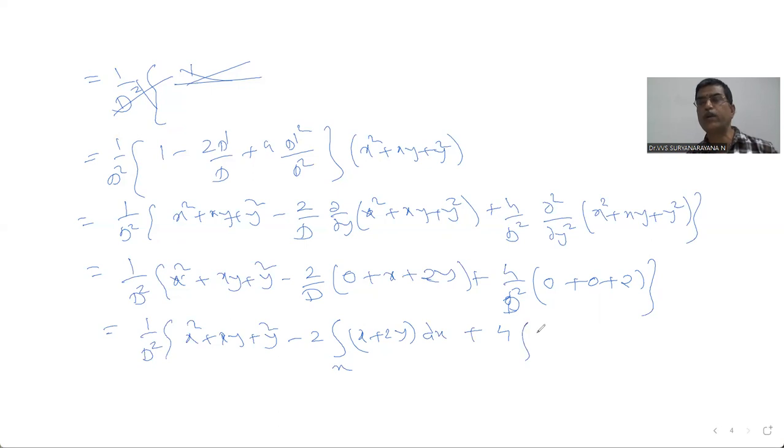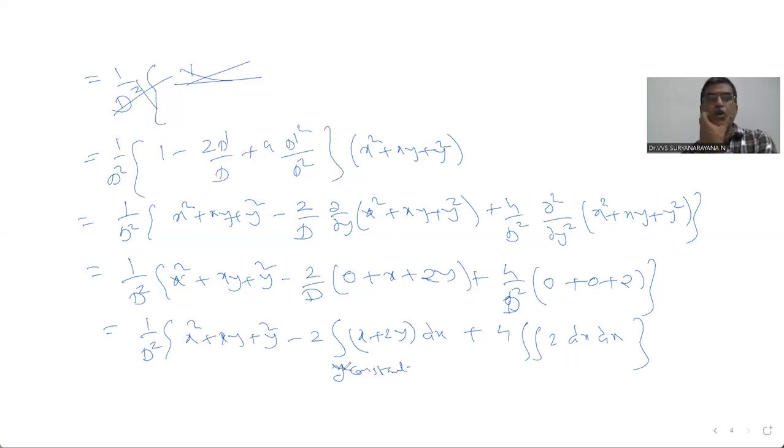So 4 times the double integral of 2 with respect to x, okay, by treating y as constant. 1 by D means integral with respect to x. So here y will be taken as constant. Please remember that. Here also y is constant.